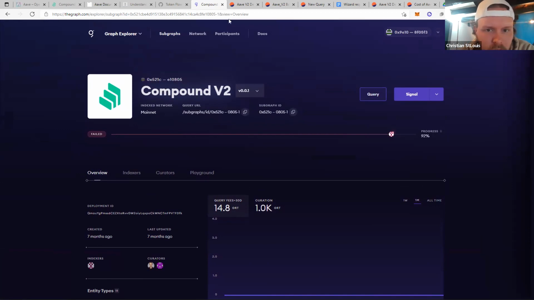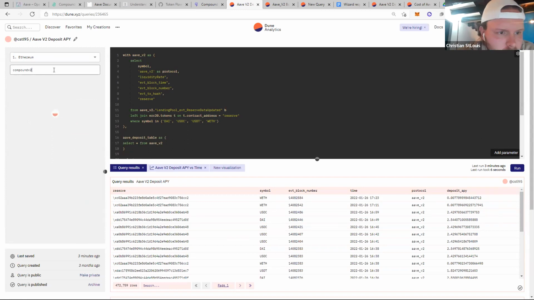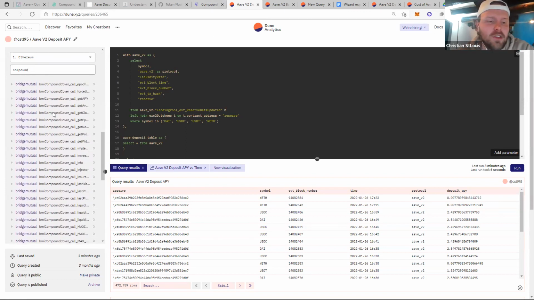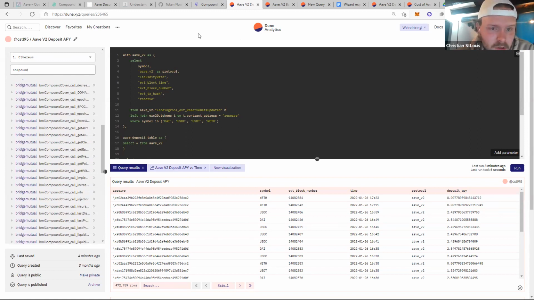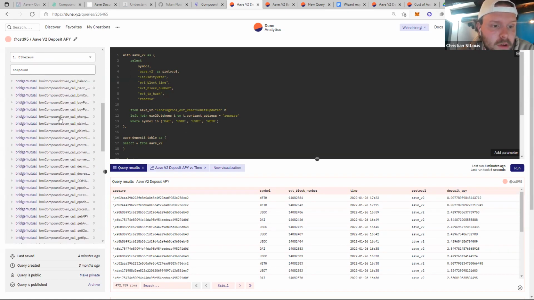So on Dune, for Compound V2, if we wanted to look at Compound contracts, someone would have had to decode the Compound V2 smart contracts, basically submit them to Dune, and then Dune would decode those into a relational database, so into tables, columns and rows, where each smart contract is a table, and then all of the events in that smart contract are essentially the rows of that table.